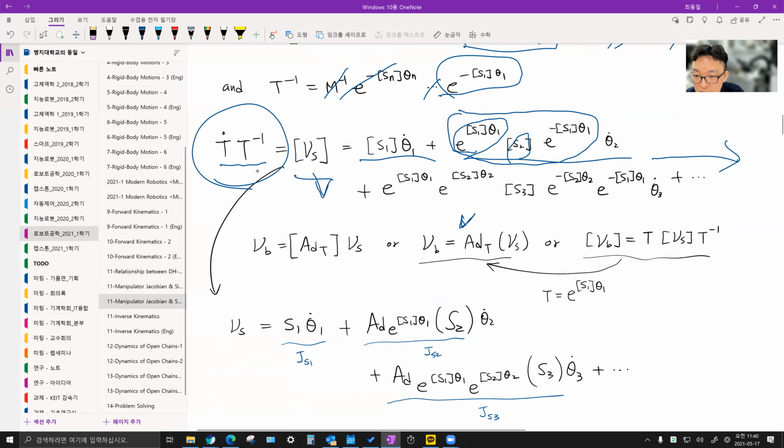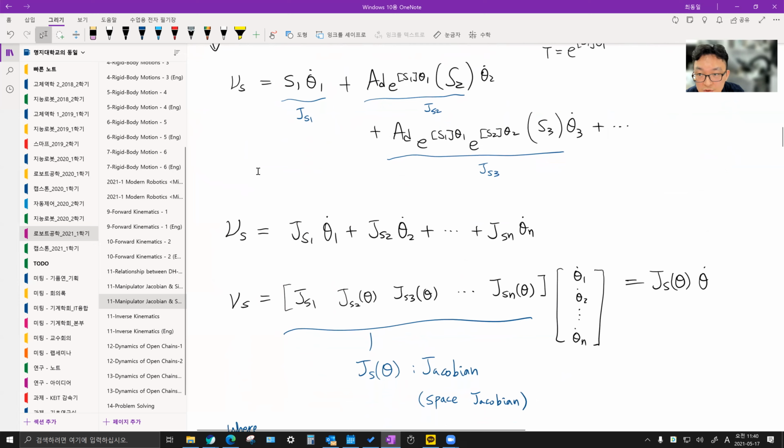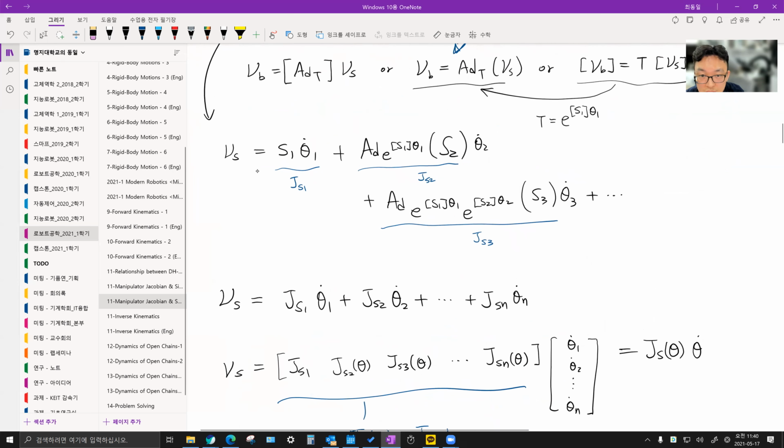So if we simplify this equation, we can get the six-vector form general equation of the Jacobian. This one is the six-vector form space twist. So here, we can find the Jacobian matrix.